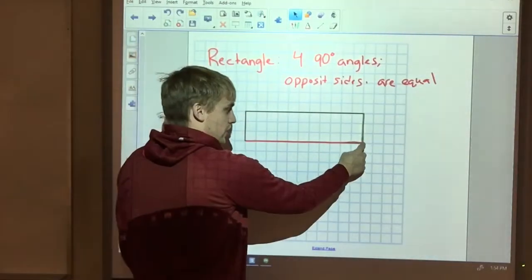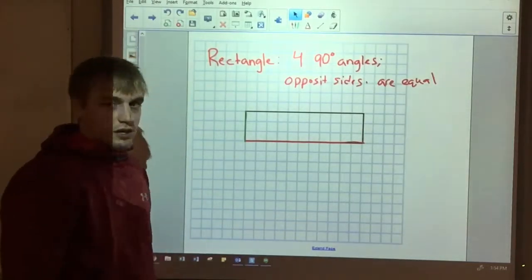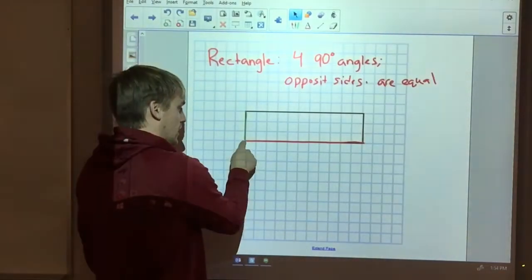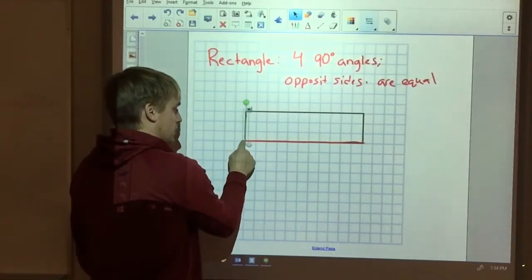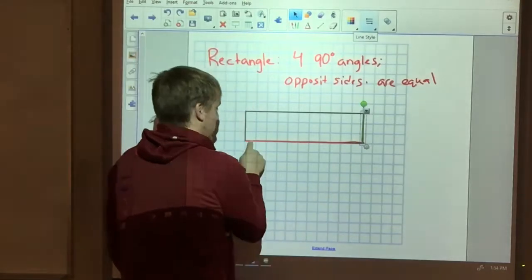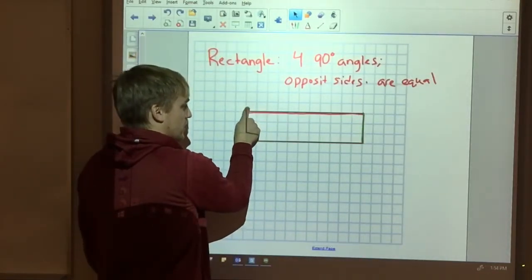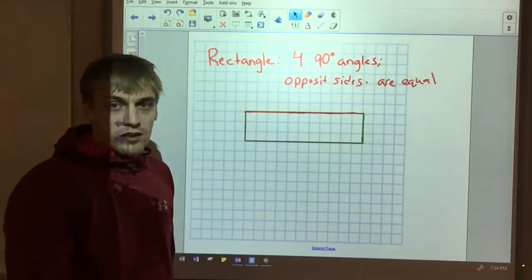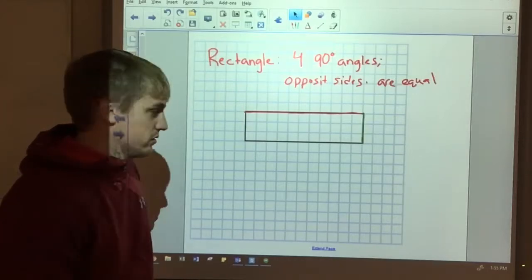So we could drag that this way, and that's the same length. The opposite side of this green line is over here, and that's the same length. The opposite side of the red line is this side, and that's the same length. So the opposite sides are equal and it has four 90-degree angles.